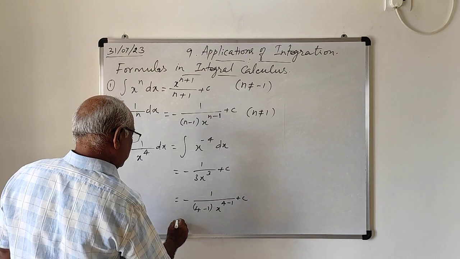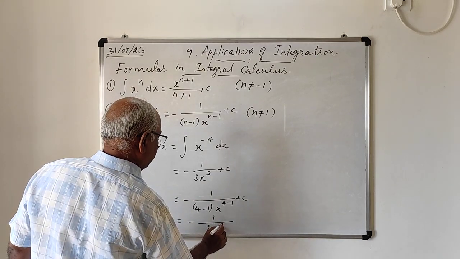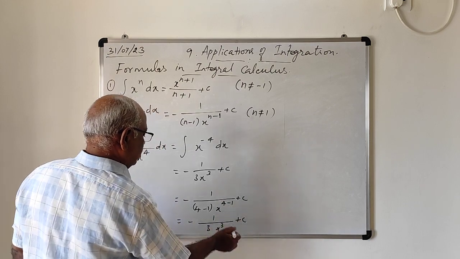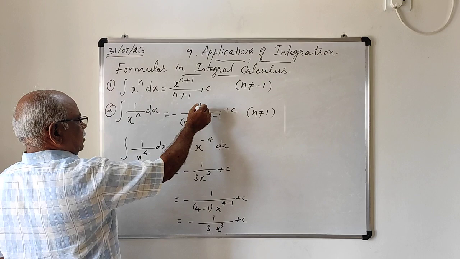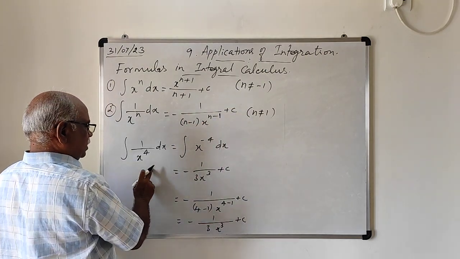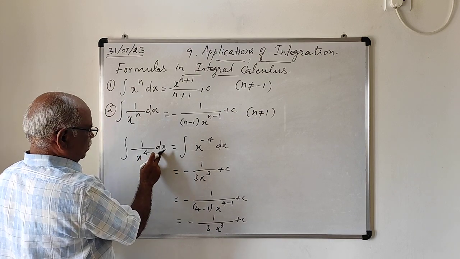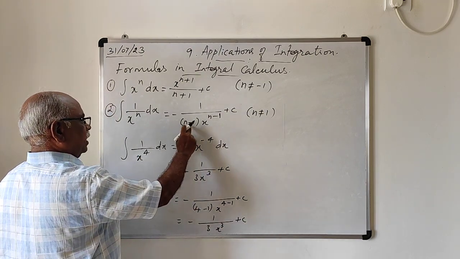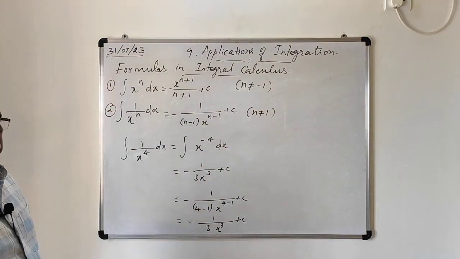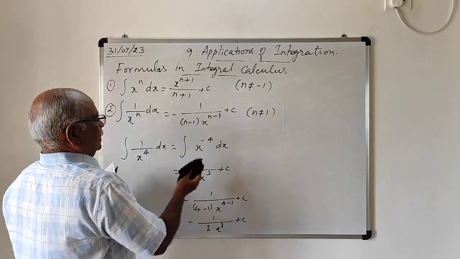This is minus 1 by 3 x power 3 plus c, since 4 minus 1 is 3. The same answer. So by applying the result also you get the same answer, or otherwise you can integrate by the previous idea. So the integral of 1 by x power 4 dx is minus 1 by 3 x cube plus c. Using the result, you will solve the problem.